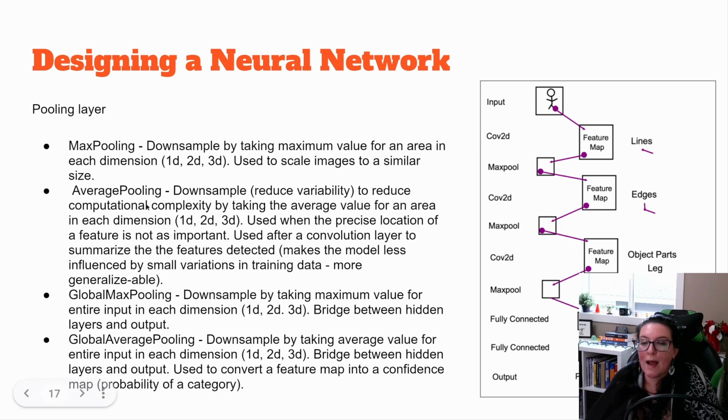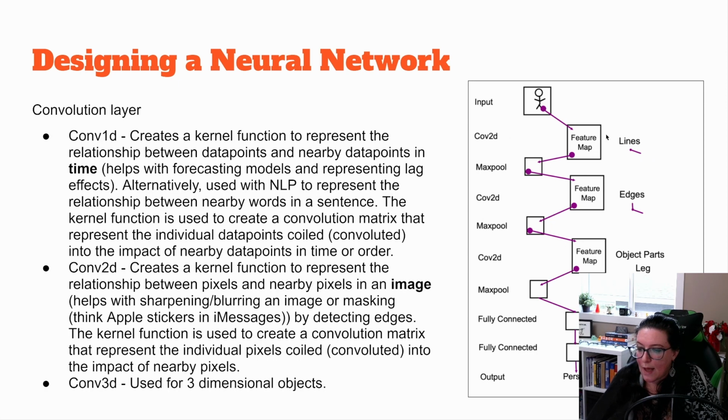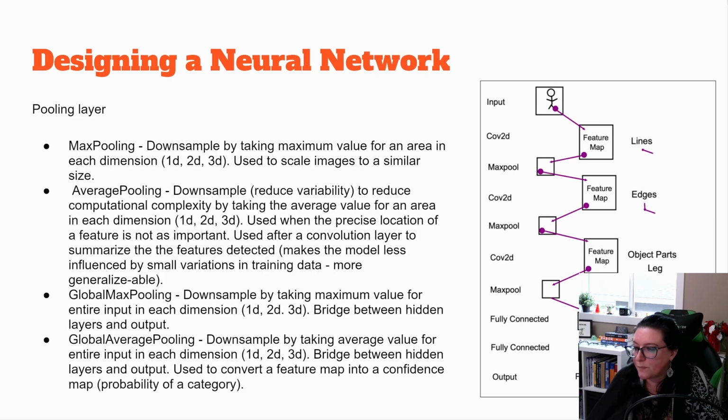The max pool and average pooling are used to kind of help summarize what we've learned from creating that convolution layer. So we have our input convolution layer that would identify kind of lines, then we max pool, then we have another convolution 2D layer, and then a max pool, and then another feature map convolution 2D level, and a max pool.